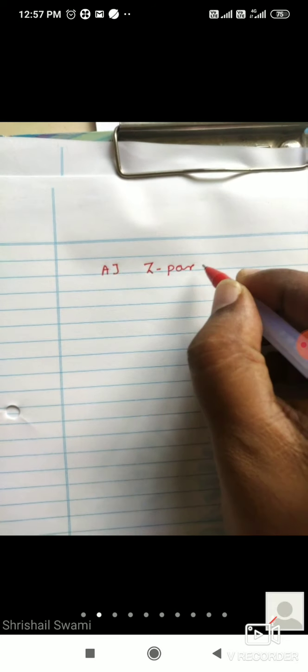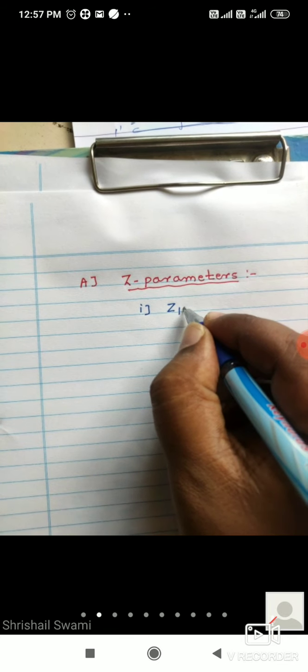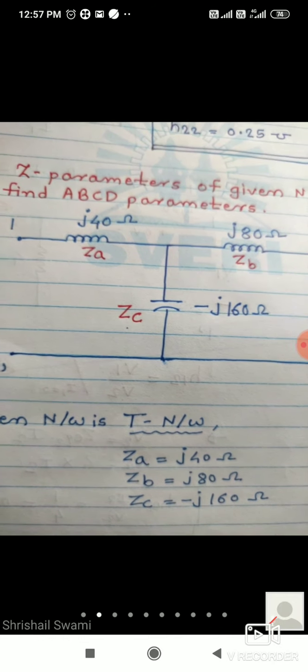Already we know the equations or formulas, so you can find out now. First of all, we are finding the Z parameters, so I will call it the A part: Z parameters of the T network.